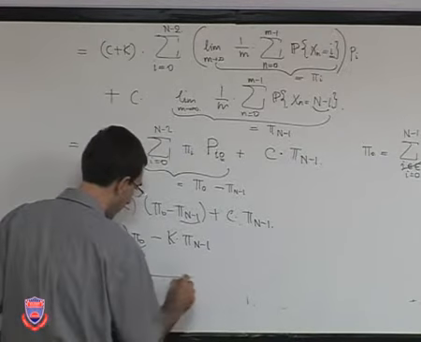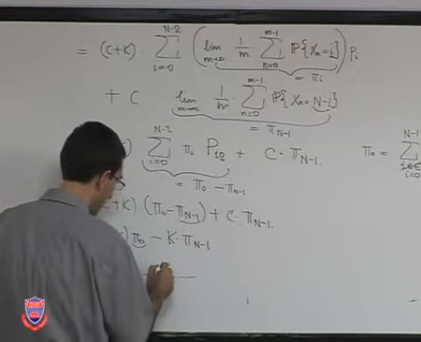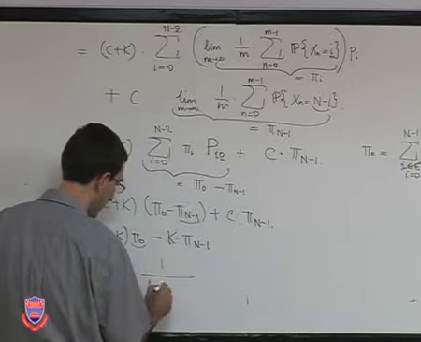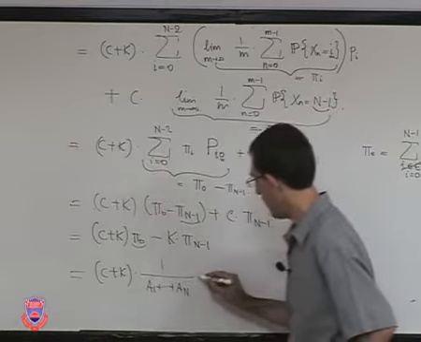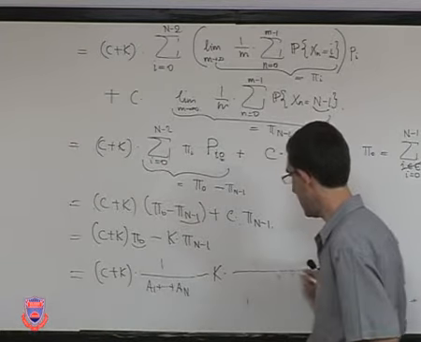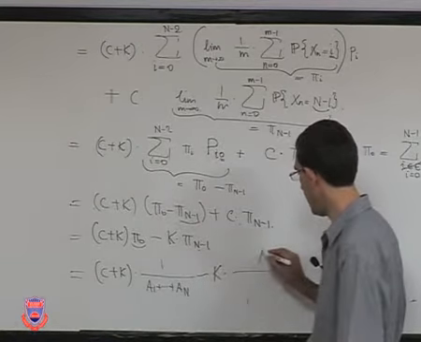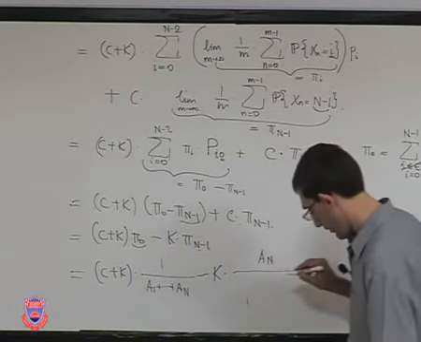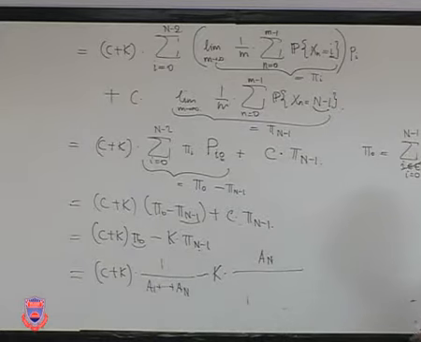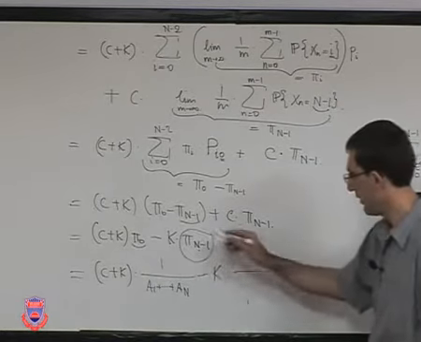What was that? It is just 1 over A1 plus A capital N minus K times, for this one we will have, I guess, AN. Was it AN? Did we write this somewhere? Right, so this is AN for this one.